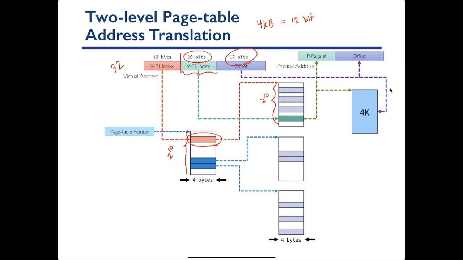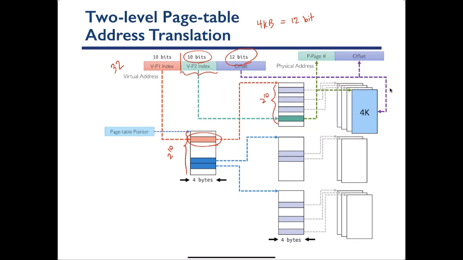Okay, now let's discuss this. Each page table entry in the first level points to another page table, and then each page table entry in the second level page table points to a physical page.